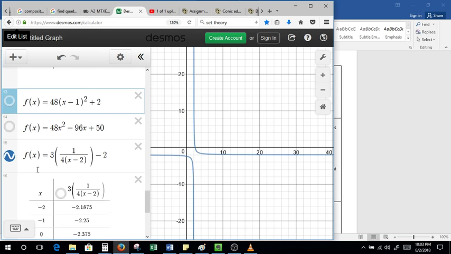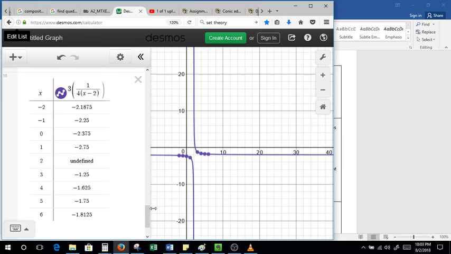If we visualize this, so what do we have here? It looks like we have a vertical asymptote, right? We can't go past this point.